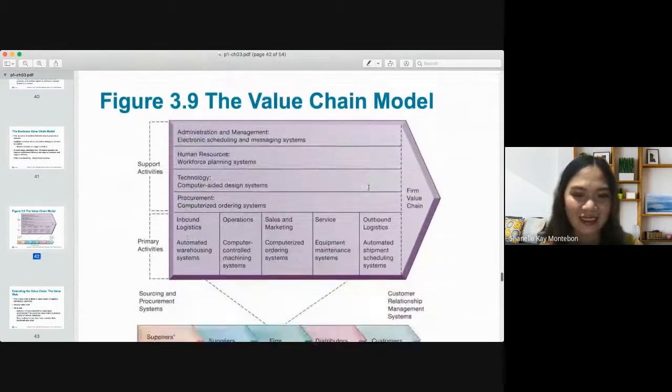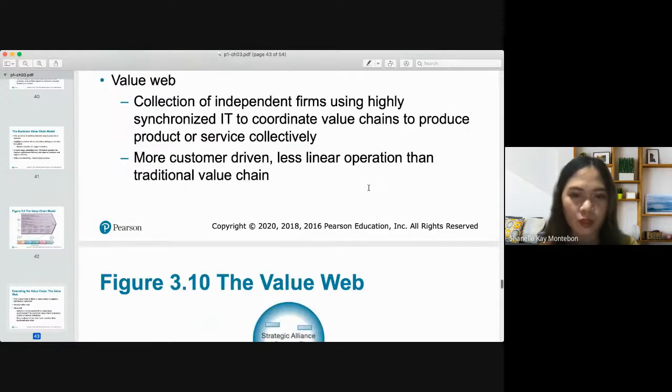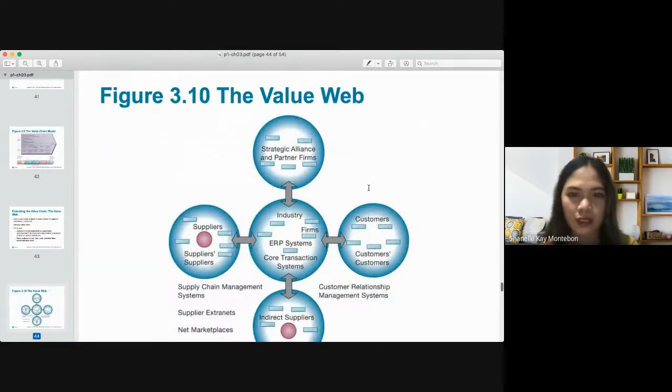And then, the value web is a collection of independent firms using highly synchronized information technology to coordinate value chains to produce a product or service collectively. It is more customer driven and it operates in a less linear fashion than the traditional value chain. So this is the value web.